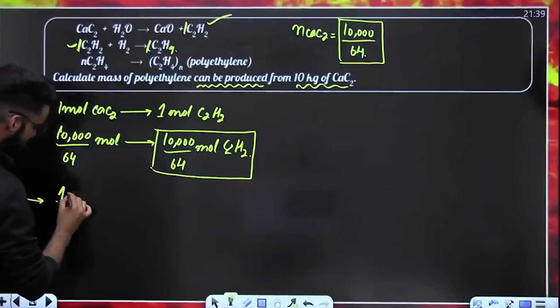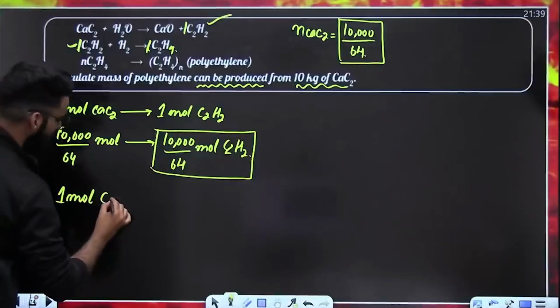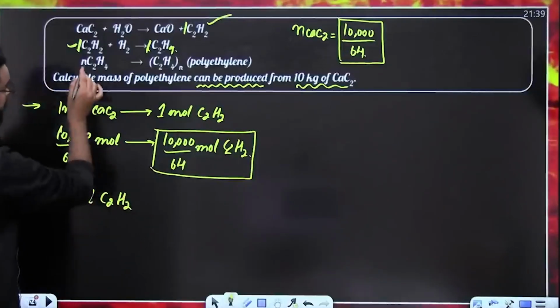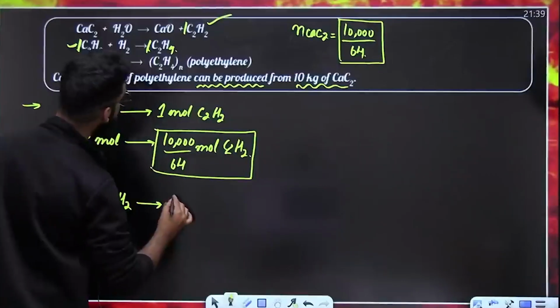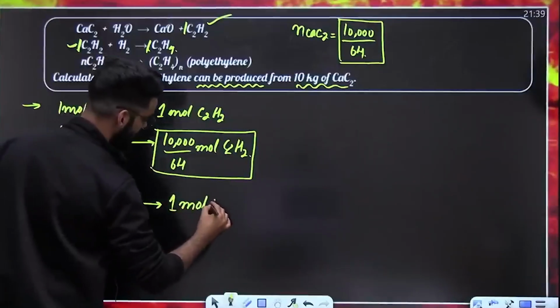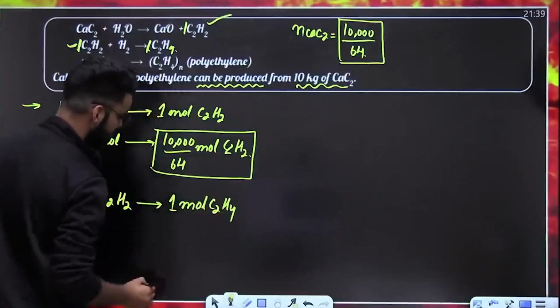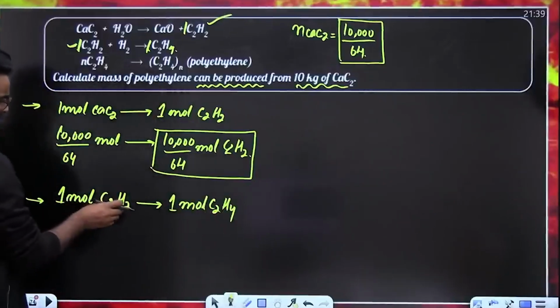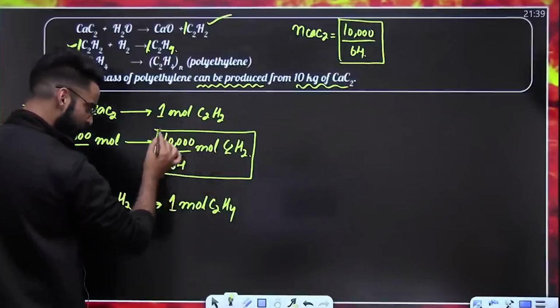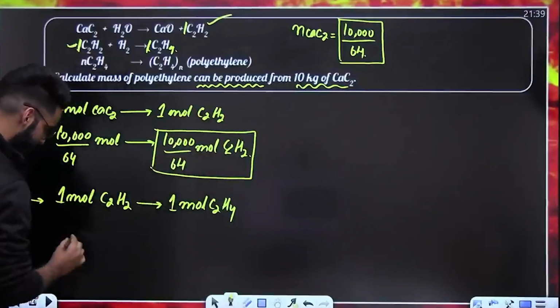So I can say 1 mole of C2H2 in the second reaction gives 1 mole of C2H4, right? But do I have only 1 mole of C2H2? No. We have got these many moles of C2H2 which got formed in the first reaction.